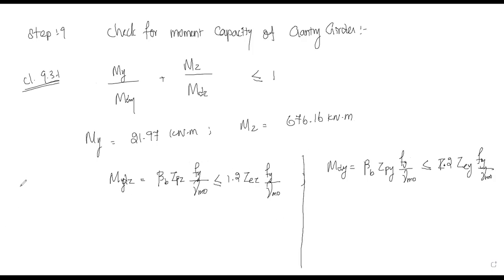So this is the condition, and now we are going to apply it. Beta b value for a plastic section is 1, and Zpz we have calculated already. Zpz into 10 to the power 3 into Fy value 250 divided by gamma m0 of 1.10 from table number 5.